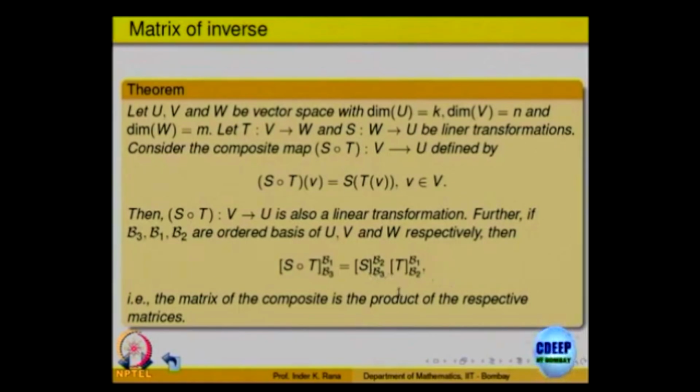That means it gives you the inverse of the matrix of the linear transformation. If you start with a T which is 1-1 and onto, and you know its matrix, then you can compute the matrix of the inverse by just inverting that matrix. You do not have to do the computation again.